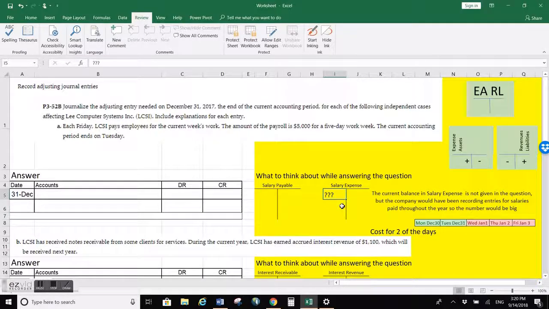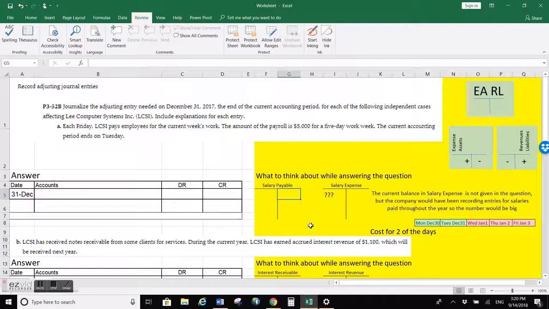So we're just adding those extra 2 days because they worked during those 2 days. Our balance sheet account is a payable. On December 31st, we'll owe our employees for those 2 days. The money will actually come out of our bank account on Friday, January 3rd. So at December 31st, which is the point we're worried about, we're going to have some salaries payable.